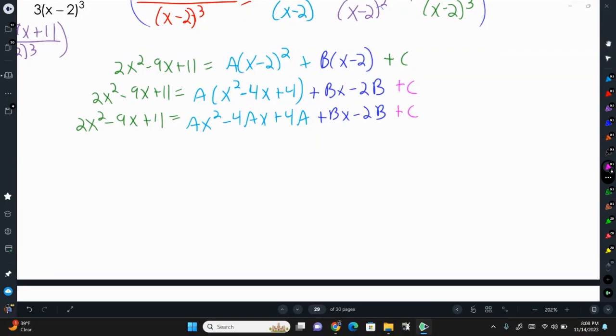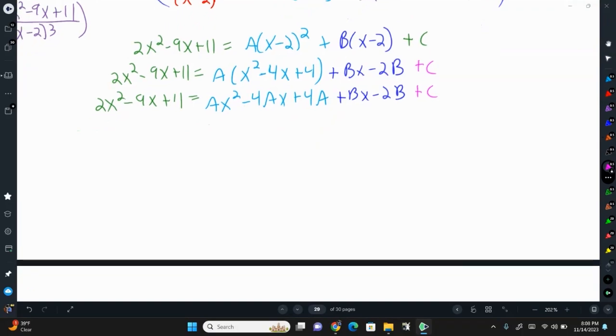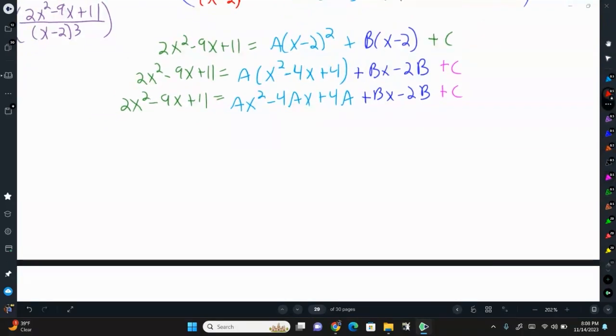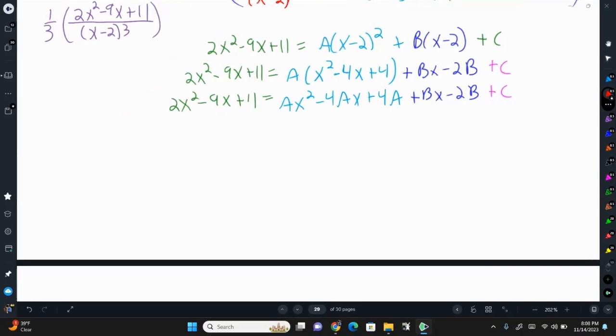Okay, so then we're going to start matching things up. So our x squared term, we have 2x squared equals Ax squared. Do we have any other x squareds? No, we don't. So we can actually just solve that and say, oh, A is equal to 2.